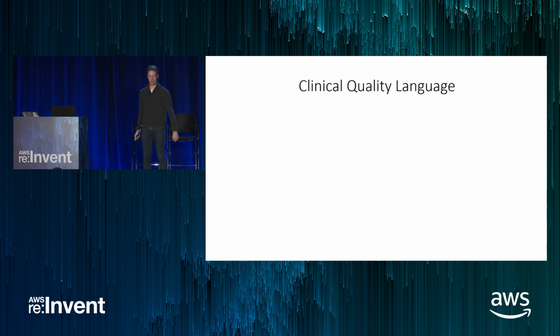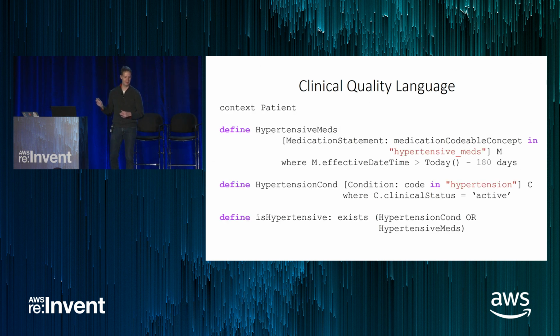Another one to solve a similar problem is this emerging spec in healthcare, the Clinical Quality Language specification. And it's similar to a rule approach, but it's a more constrained model. So it's not as expressive as you might have from a full rule engine, but it can hit most of your use cases most of the time.